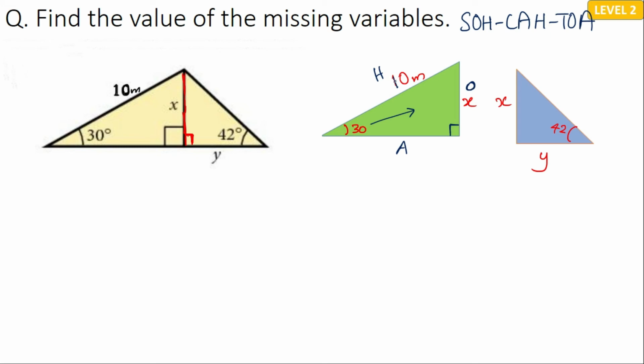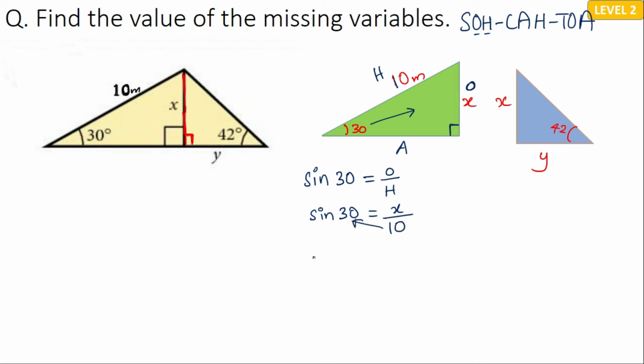So the ratio that connects O and H is sine. So I'll write sine 30 is equal to O over H, which is SOH-CAH-TOA. So sine 30 is equal to x over 10.